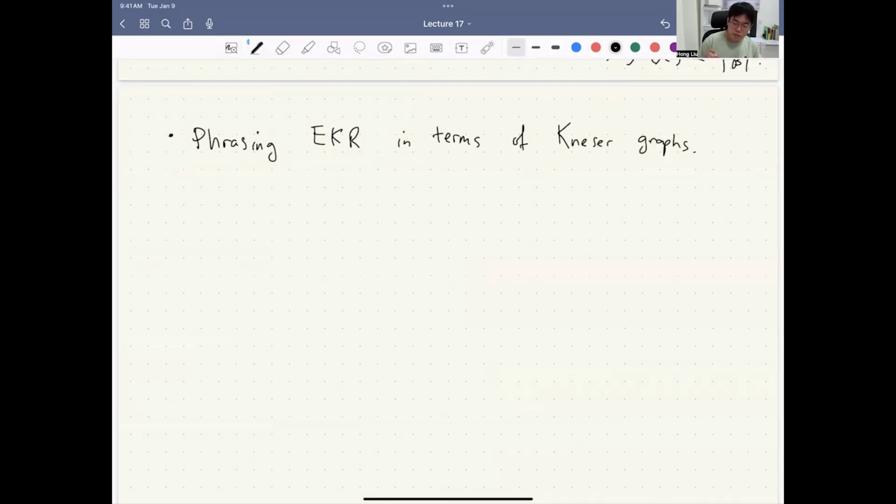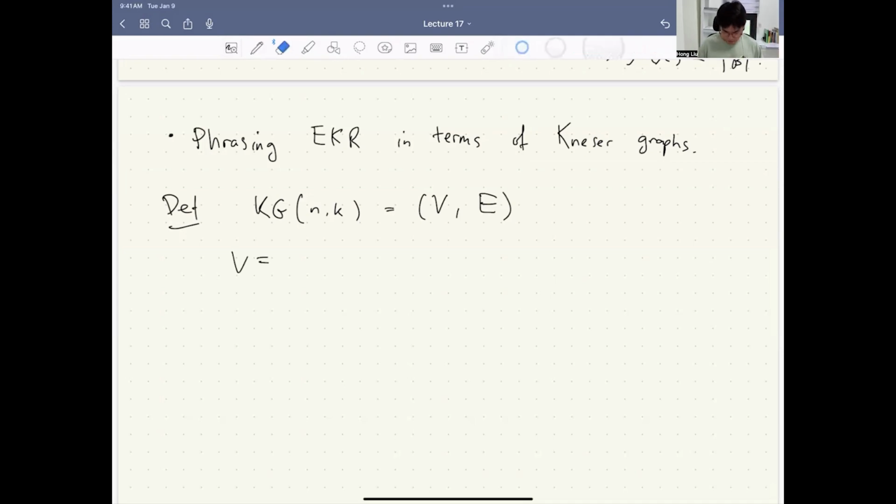First, let me tell you what Kneser graphs are. The Kneser graph, denoted KG(n,k), has two parameters, n and k. This graph has a vertex set V and an edge set E, where the vertex set of the Kneser graph is the family that we've been working with just now: all k-sets of the ground set [n].